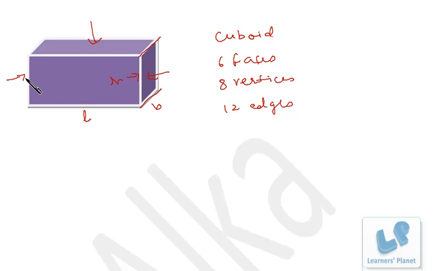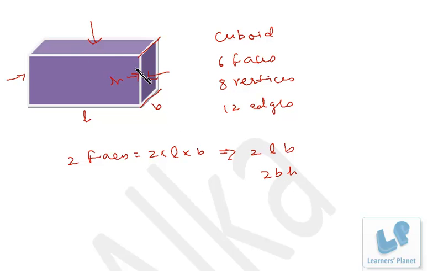There will be 6 faces. 2 faces, top and bottom, have area length into breadth, so the total area of these 2 faces will be 2LB. Similarly, 2 faces will be there of area B into H, so 2BH.